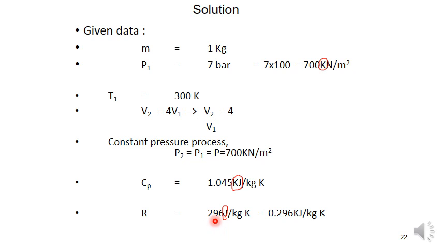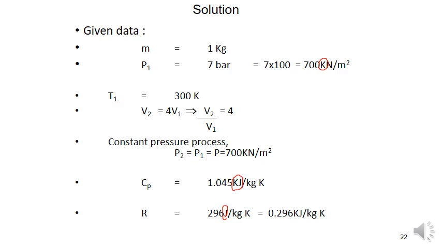I will tell once again: if you don't know how to convert joule into kilo, you all know that kilo is 10 power 3, or 1000. Simply multiply and divide with 1000. In the numerator the 1000 can be written as kilo, and in the denominator 1000, so it is 0.296 kilojoule per kg Kelvin.